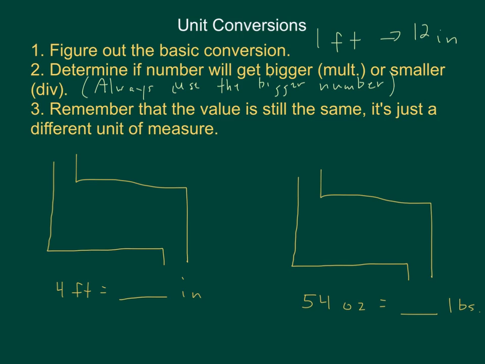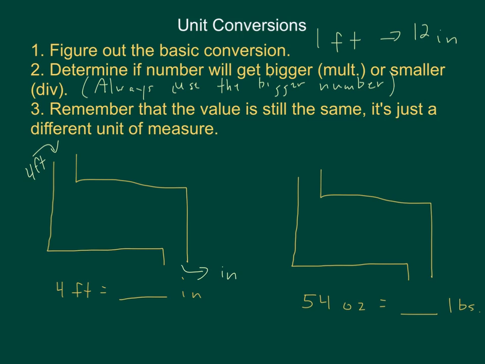So I've got two examples down at the bottom. And the first one we're going to determine is 4 feet equals how many inches. So in our container, we're going to be putting in 4 feet, and then inches is going to be coming out of that container.